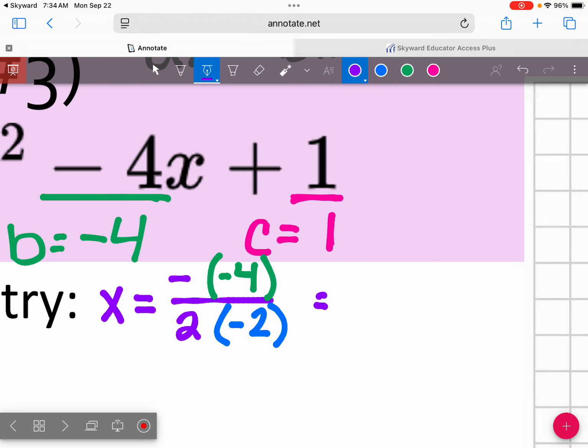We could do this one by hand. It's not too awful to do by hand because the opposite of -4 gives us a +4. 2 times -2 gives us -4. What is +4 divided by -4? Not 0. -1. 4 divided by 4 is 1. 4 divided by -4 is -1.